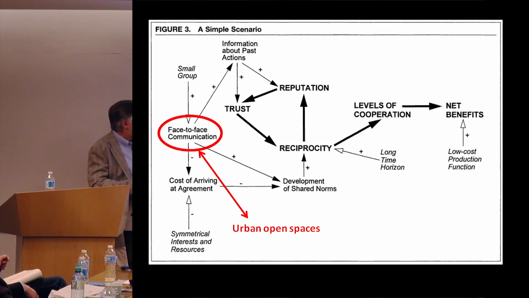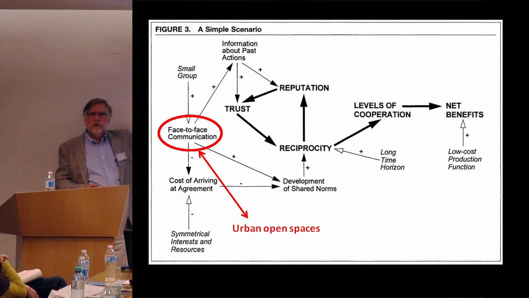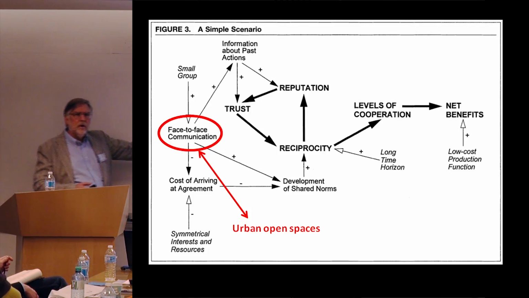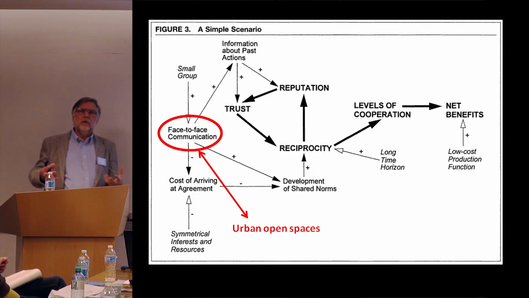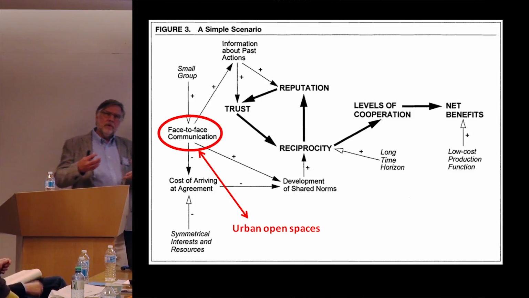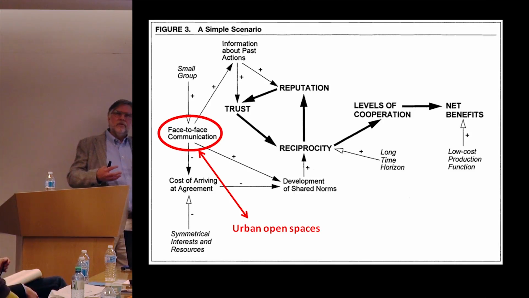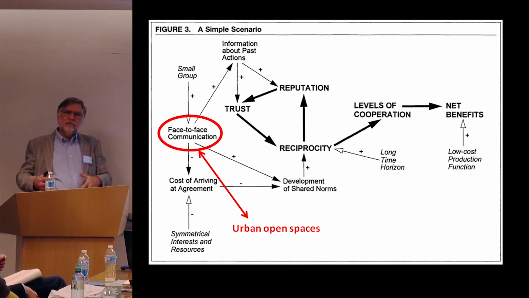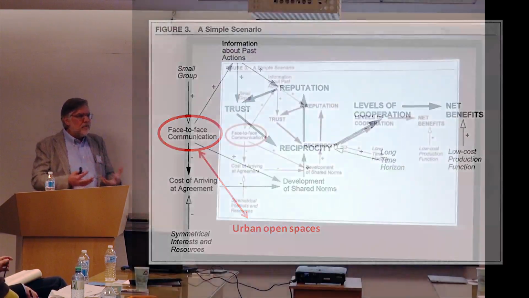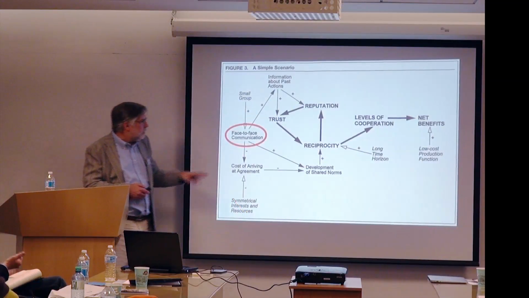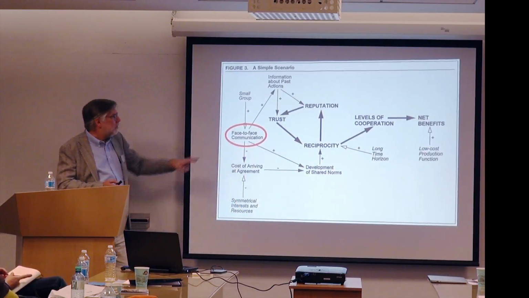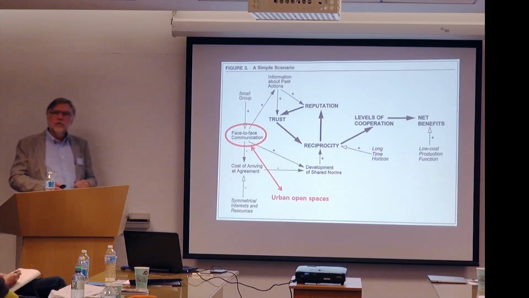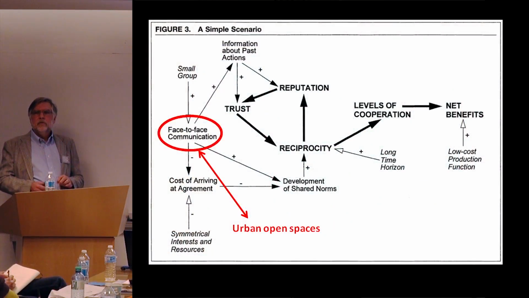But what I want to focus on is this face-to-face communication. This is a key part of how communities work. And for Ostrom, it's a key part of how communities are able to successfully exploit resources, and for Bowles and Gintis, to successfully carry out various things that states and markets can't do. And where does this happen? In urban open spaces.